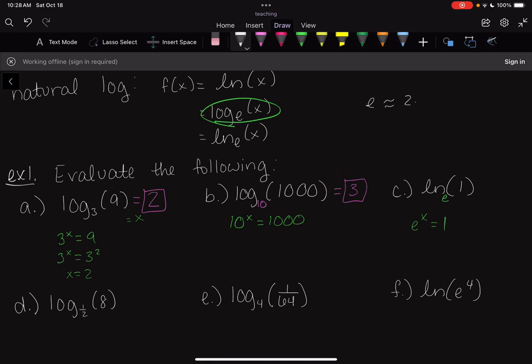E is like 2.718, and that's all I know. I don't know any more of the numbers, but it goes on forever and ever. It's just something really common that we see in exponential and logarithmic problems. So I apologize for not explaining that. It's not necessarily a variable, it is a number, kind of like pi.